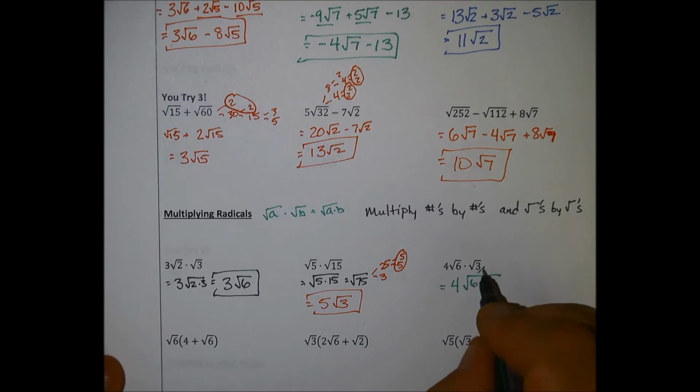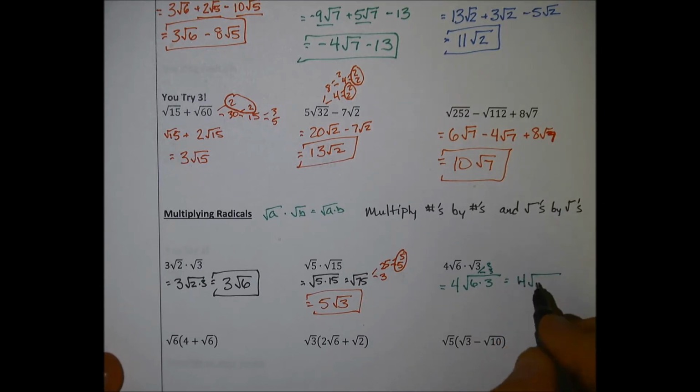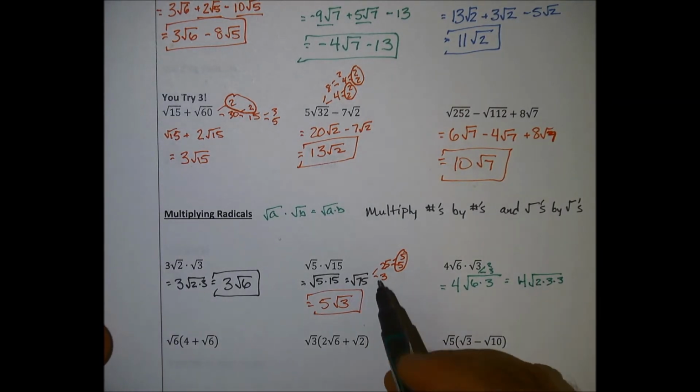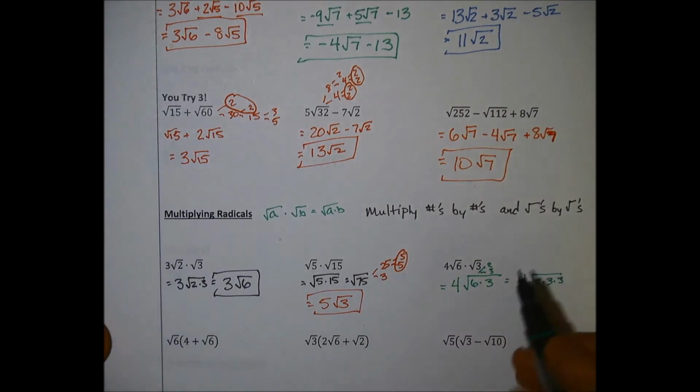I know 6 splits up into 2 and 3, so I could rewrite that as 4 square root 2 times 3 times 3. So you see how I kind of skipped a step. I don't have to now split the number up. I've already split it up. 3 has an exit buddy, so we get 4 times 3 root 2, which is 12 root 2.